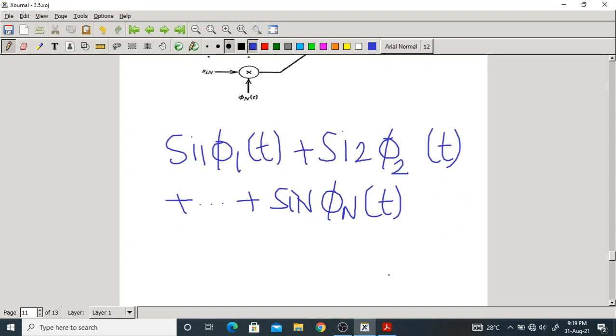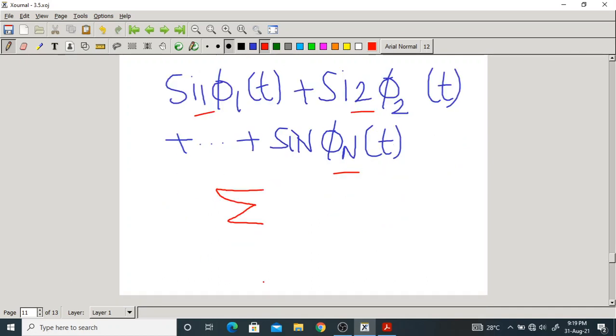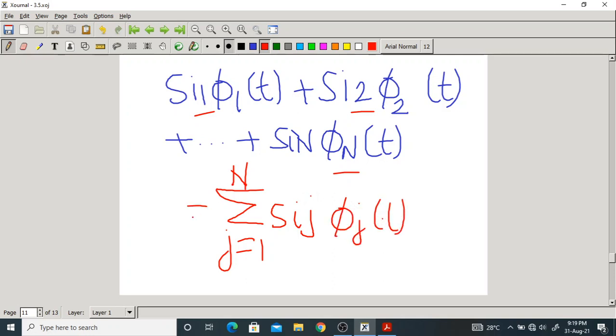Here what is varying? j is varying, from 1, 2 up to n. So that's why you can take summation j equal to 1 to n Sij phi j of t. What is this? This is Si of t.